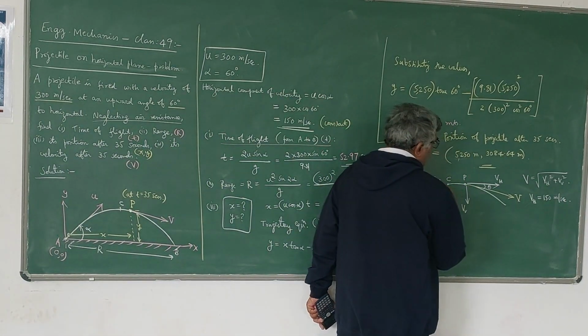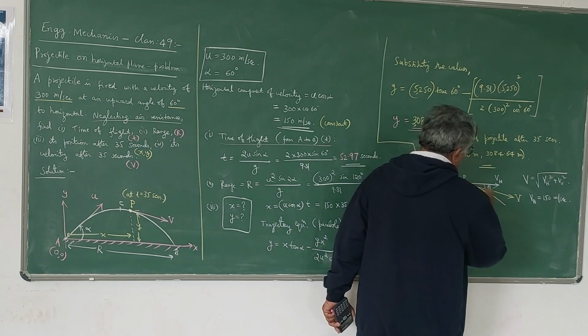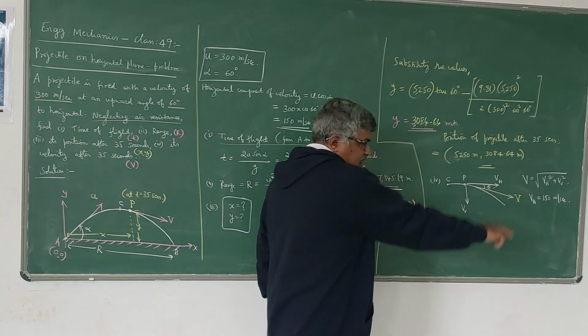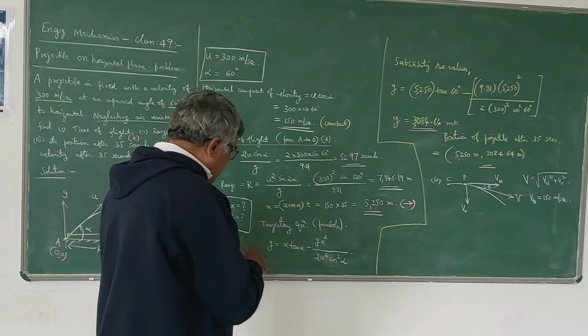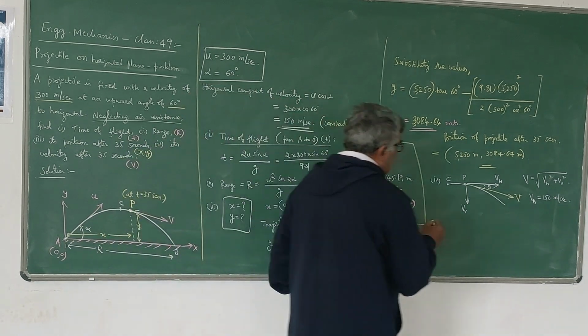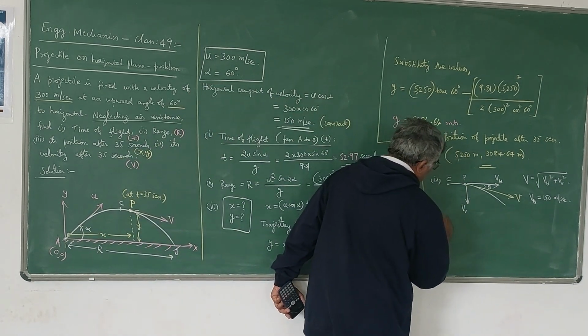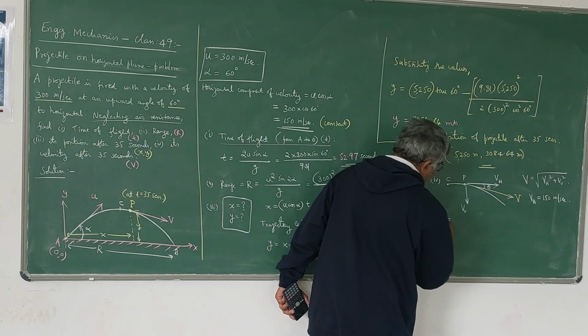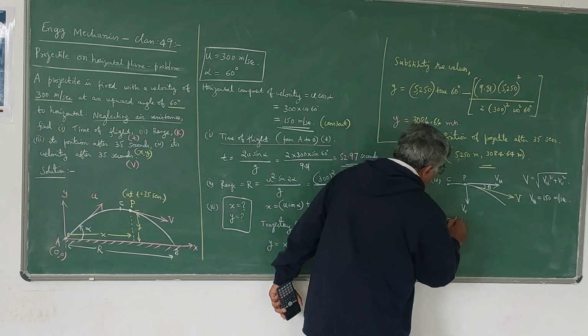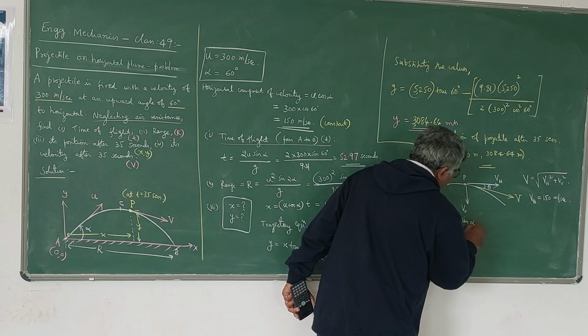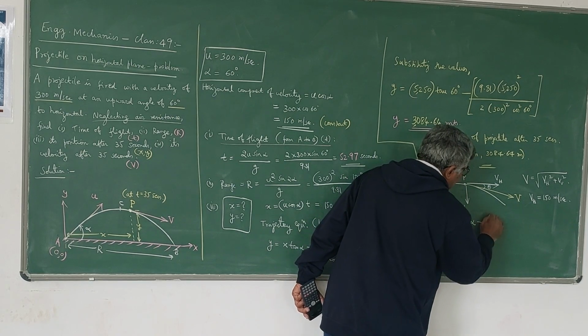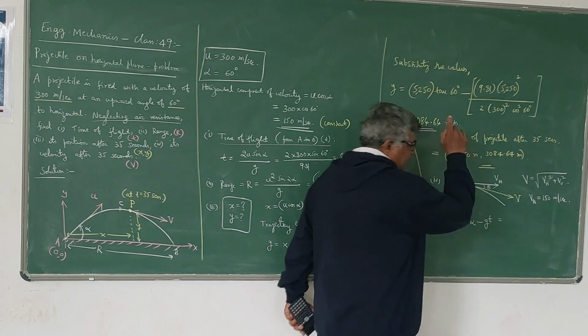Now I have to consider the motion of the projectile along the tangential direction. So the equation which I have to use here is that the vertical component VV is given by u sin alpha minus gt.